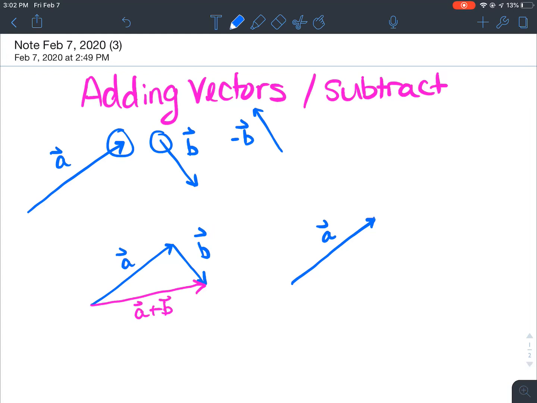So there's vector A, and then negative B is going that way. Sorry, I'm just going to move that over there. Then our resultant vector would be this one, and this would be vector A minus B. So that's how we add and subtract vectors. We just place them head to tail and then draw this thing to make a triangle.